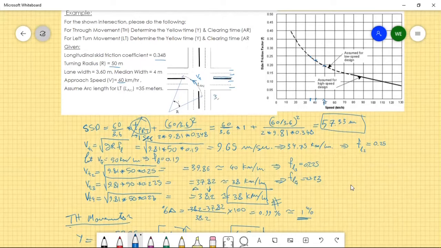So we have 3.6 multiplied by 4 because we have 4 lanes, plus one median, which is 4 meters. So the passing distance is going to be 3.6 multiplied by 4 plus 4. So it's 18.4 meters.